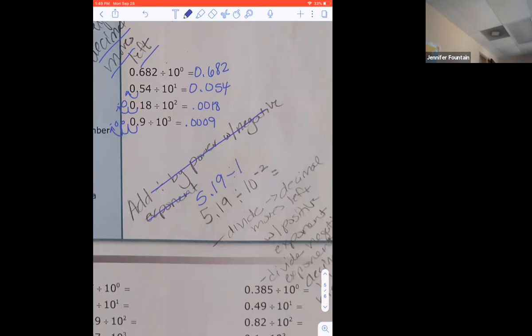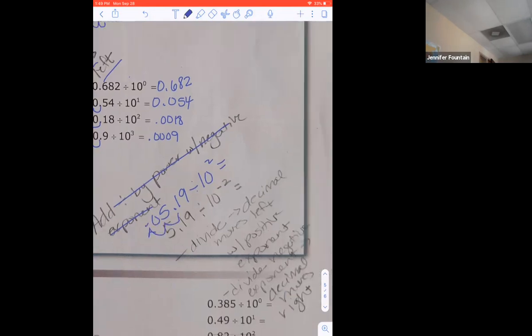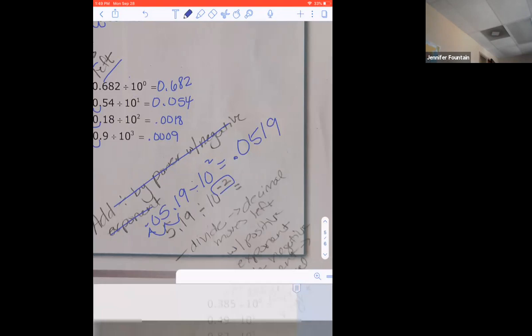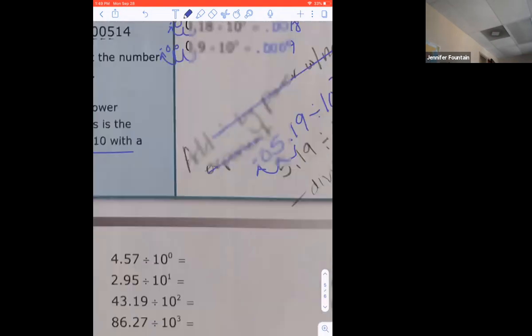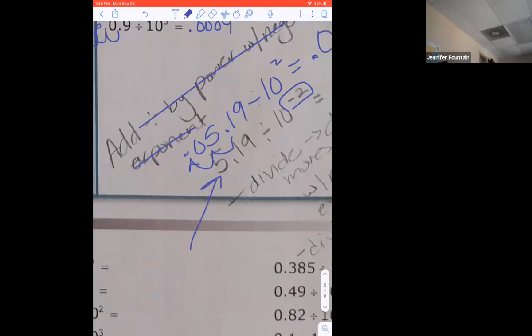So if I had 5.19 divided by 10 to the second power, that means I would move my decimal 2 places, so I'd end up with decimal 0.519. On this next one, if I'm dividing and I have a negative exponent, that is the same as multiplying by a positive exponent. So when I have that 5.19 divided by 10 to the negative second power, that would equal 5.19 times 10 to the second power.